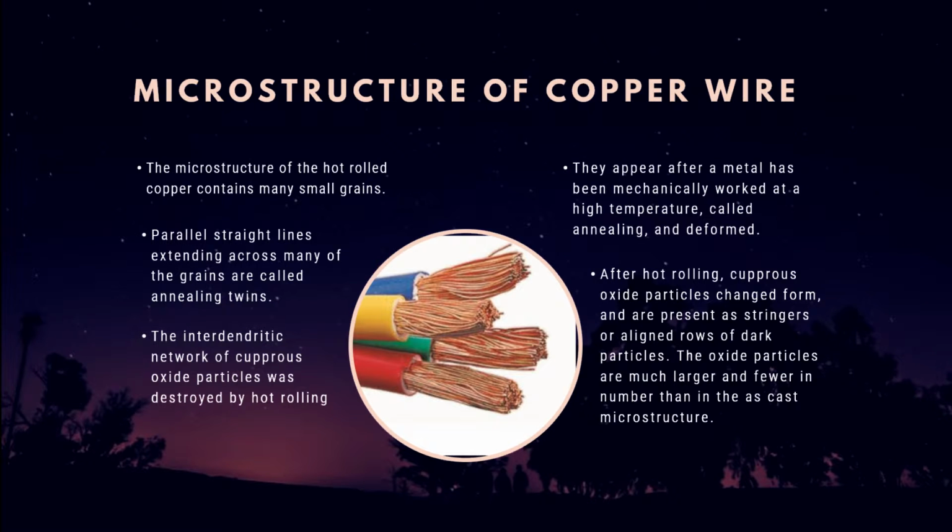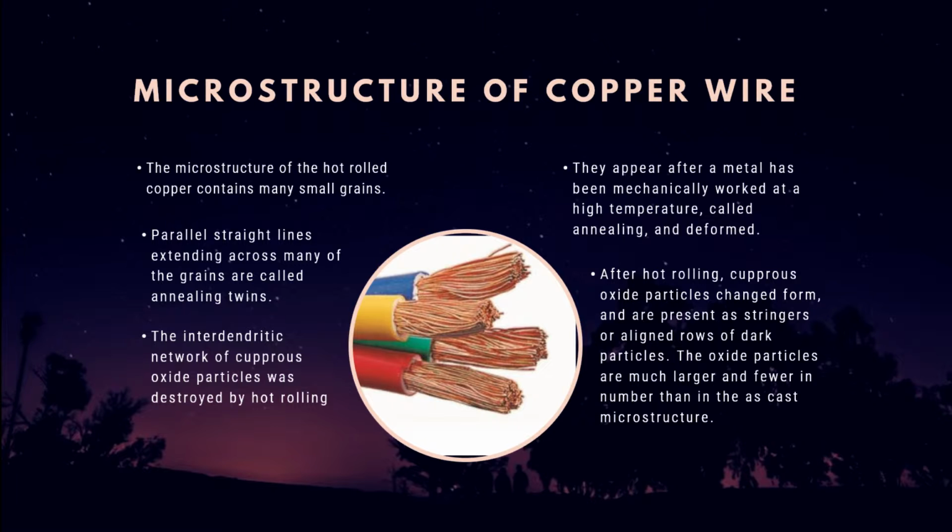Microstructure of copper wire. The microstructure of hot-rolled copper contains many small grains. Parallel straight lines extending across many of the grains are called annealing twins. The interdendritic network of copper oxide particles was destroyed by hot rolling. They appear after a metal has been mechanically worked at a high temperature, called annealing, and deformed.